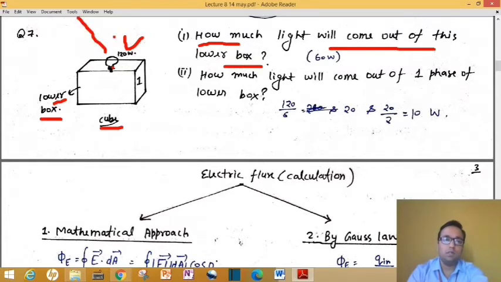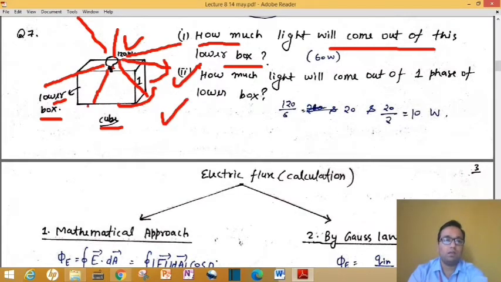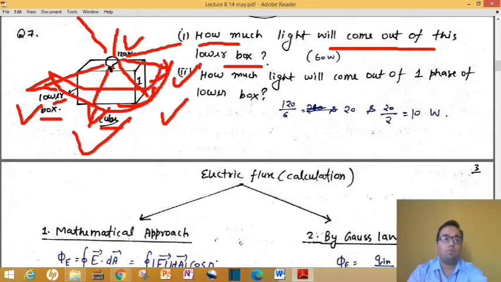This bulb will send its light in all directions, like this one. But I am asking how much light will come out of this box, meaning this arrow, and this arrow, and this arrow.